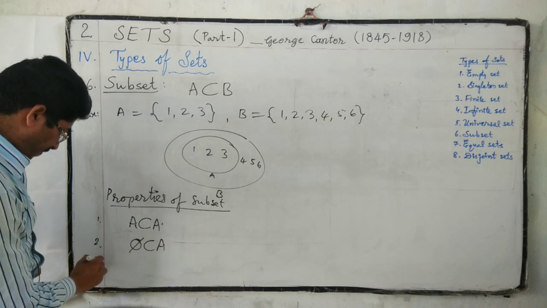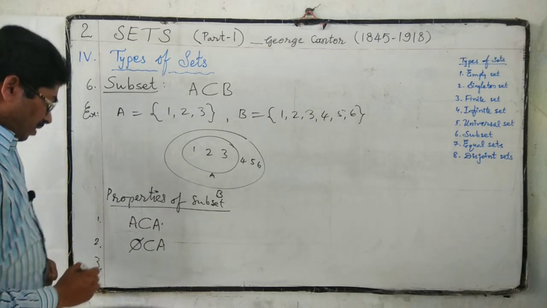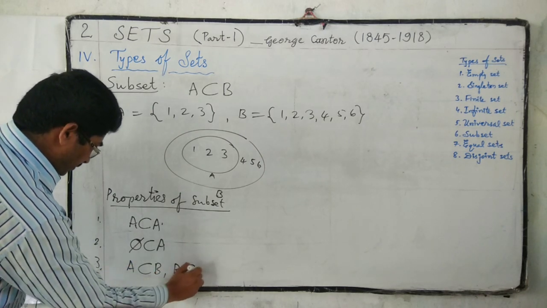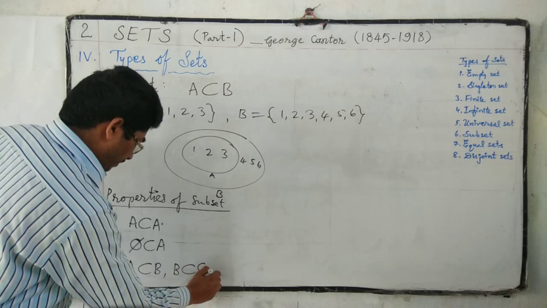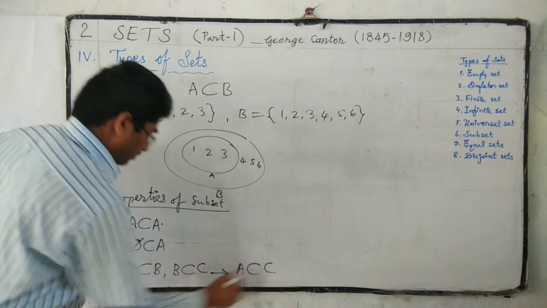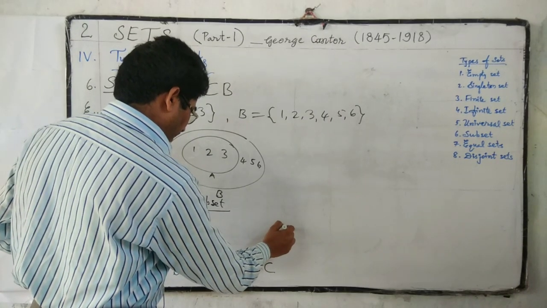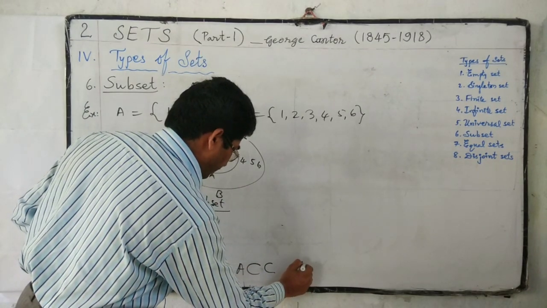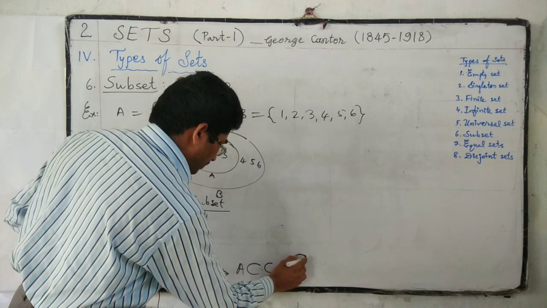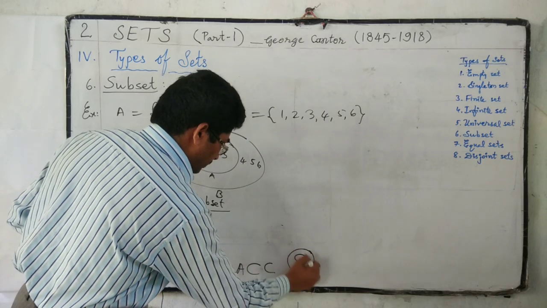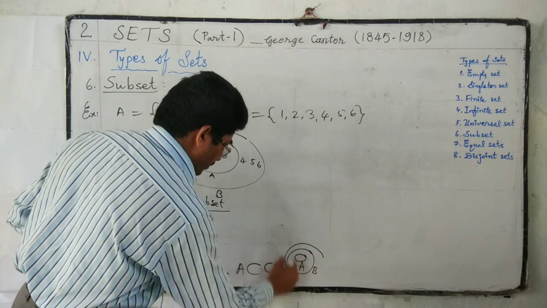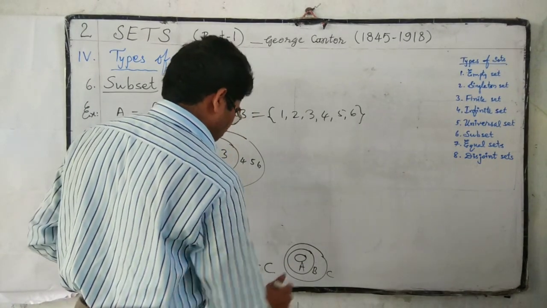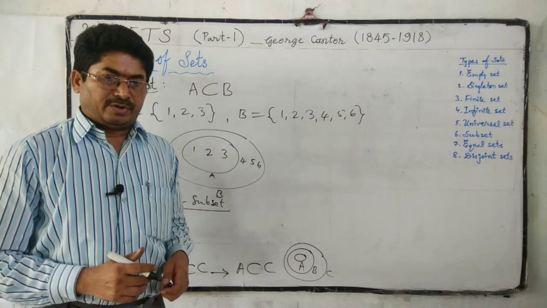Next, if A subset B and B subset C, then A subset C. For example, this is set A, set A is in set B, set B is in set C. Then set A is in set C. So this is called transitive property.